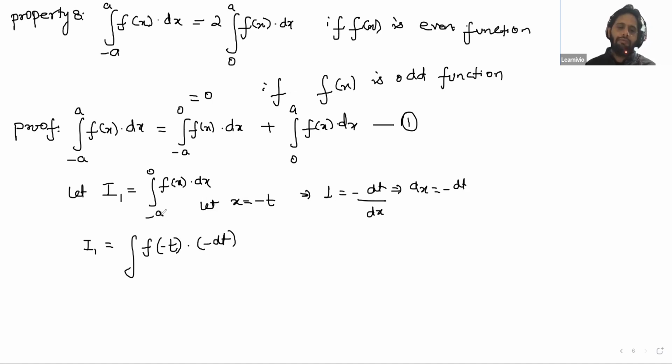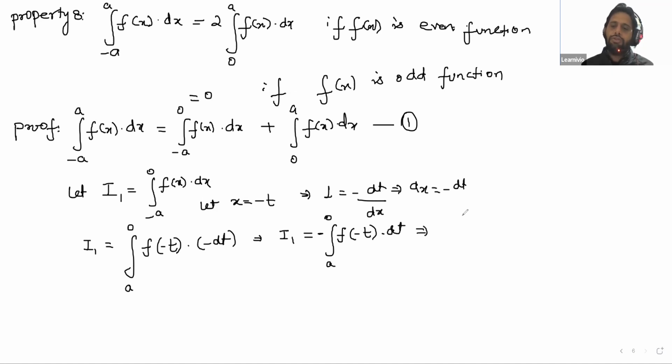What change will come in the limits? When we put x equal to minus a, then t becomes a. When x is 0, then t is 0. So this will give us I1 is equal to minus integral of f of minus t dt, from a to 0.